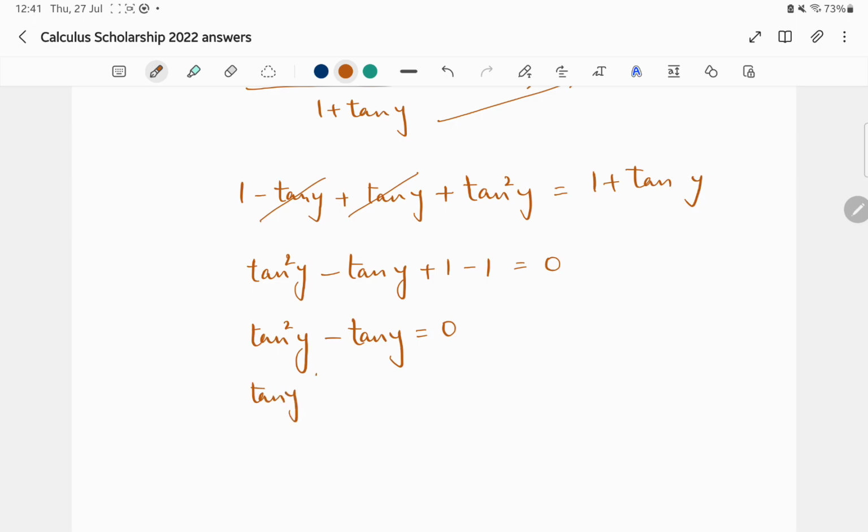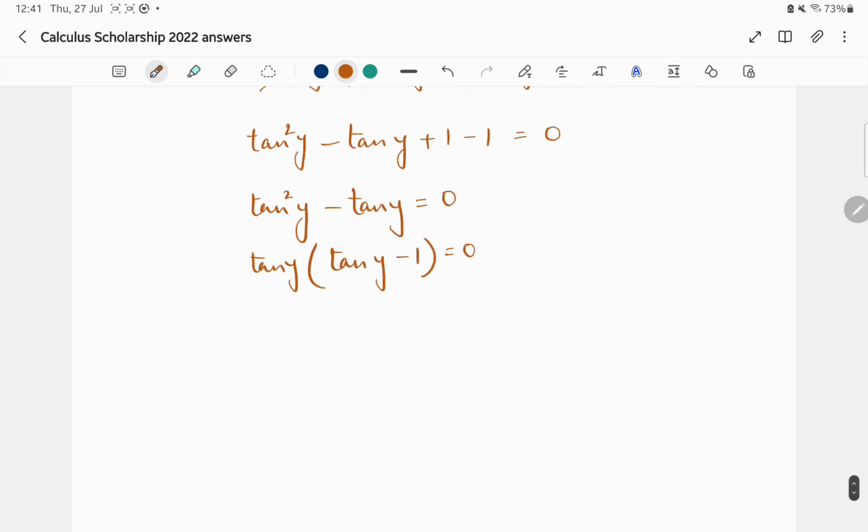If we take tan y common, we are left with tan y times (tan y minus 1) is equal to 0. So in this case we can have tan y is equal to 0 and tan y minus 1 is equal to 0.